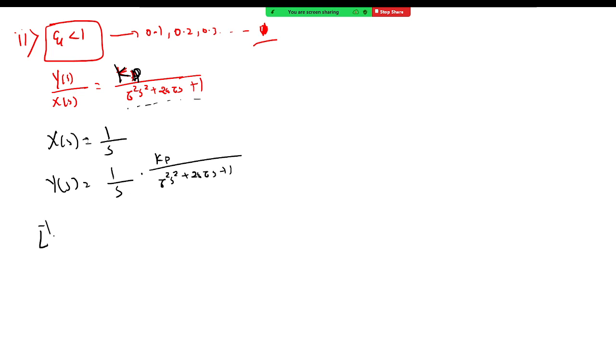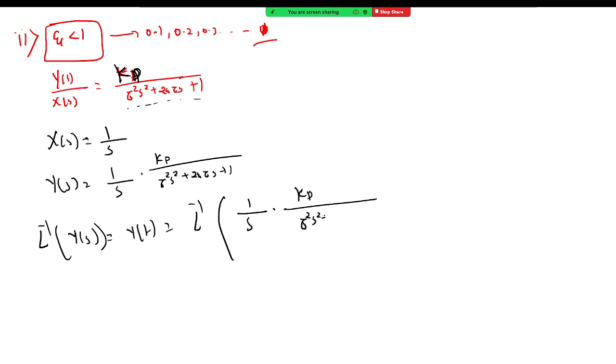After that, you will take the Laplace inverse of Y(s), that is y(t), which is the Laplace inverse of 1 upon s into Kp divided by tau square s square plus 2 zeta tau s plus 1. Here, this Laplace inverse becomes very complicated because it will go to the third order, and this leads to a complicated derivation.